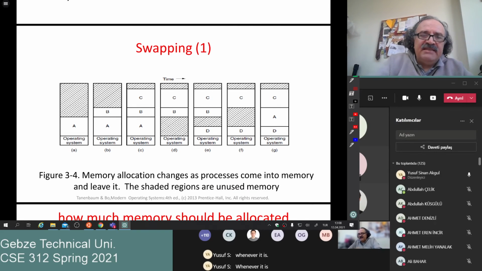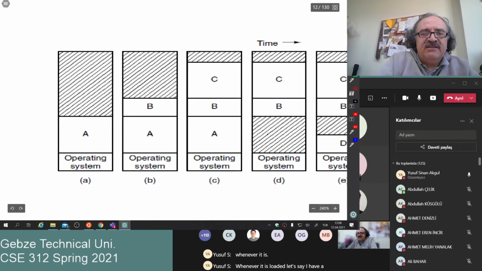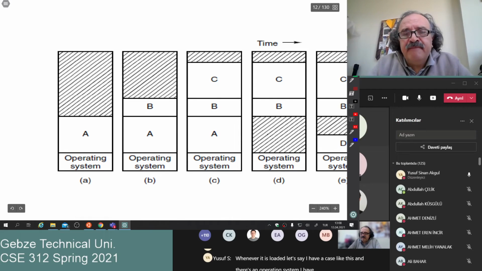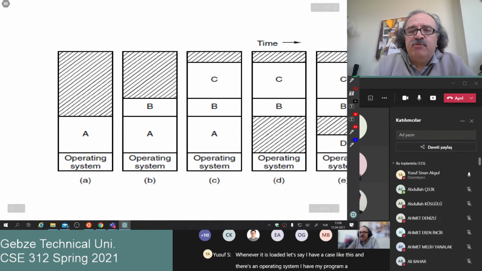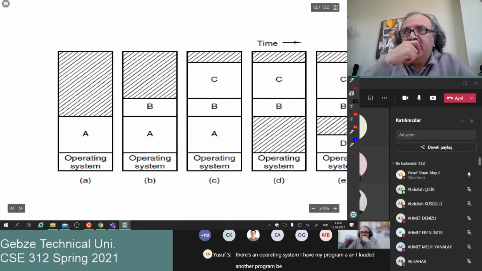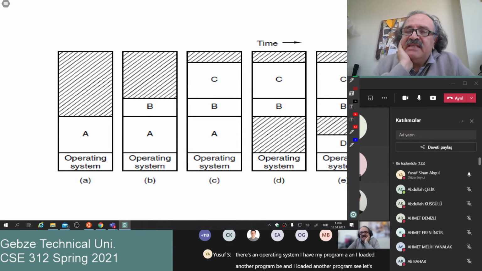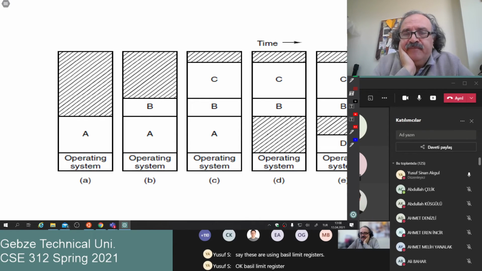Let's say I have a case like this, and there's an operating system. I have my program A, and I loaded another program B, and I loaded another program C. Let's say these are using base and limit registers, and that's fine.